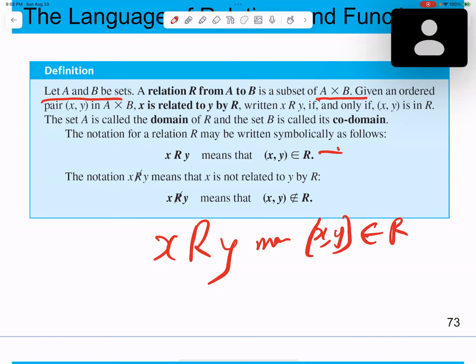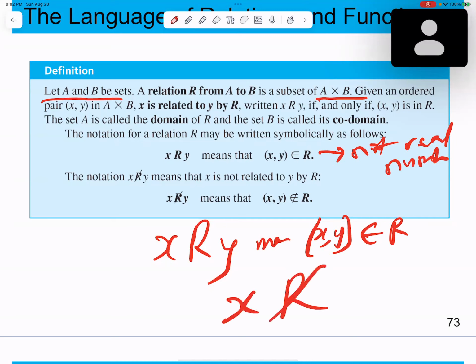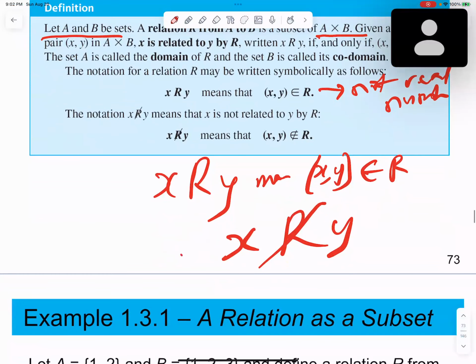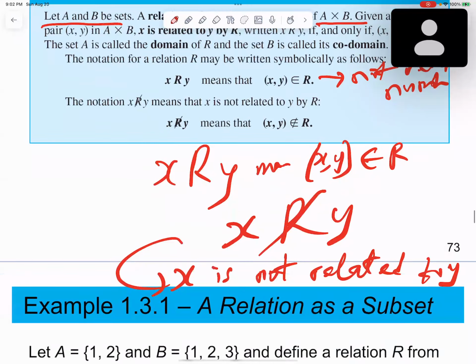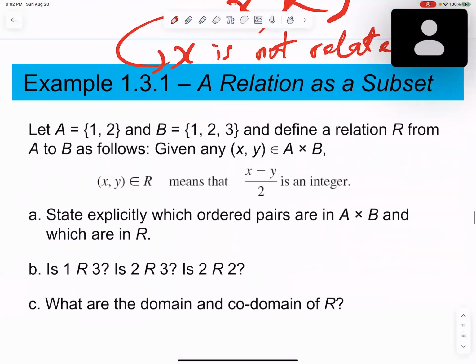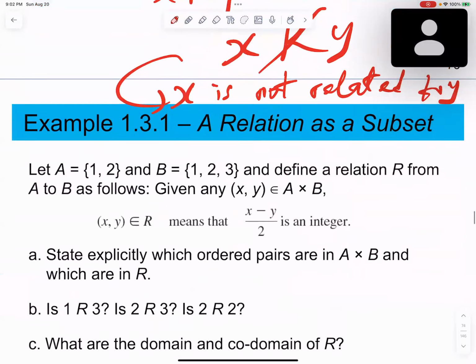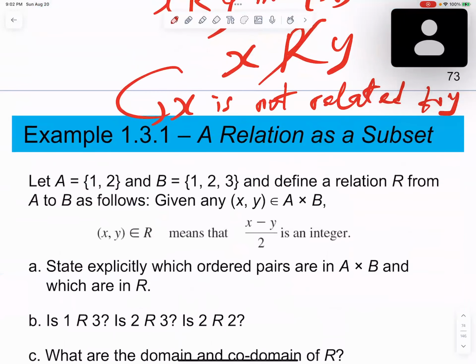Now, this is not real numbers, right? You have to be careful, okay? If I write x R-slash y, that means that x is not related to y. Okay, let's have an example real quick.